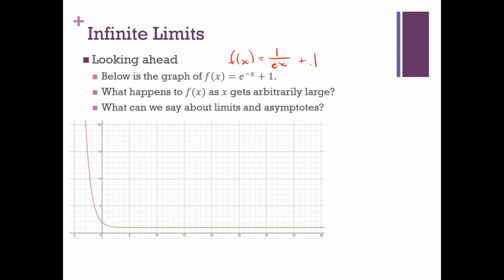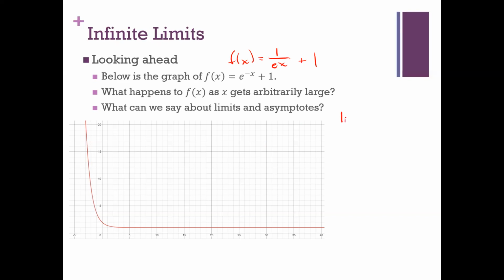Getting closer and closer to 1, right? By the way, none of that is mathematically rigorous, that's not a proof. But if you can convince yourself of it, you're on your way. So yes, I agree. This limit as x gets really, really large is 1.